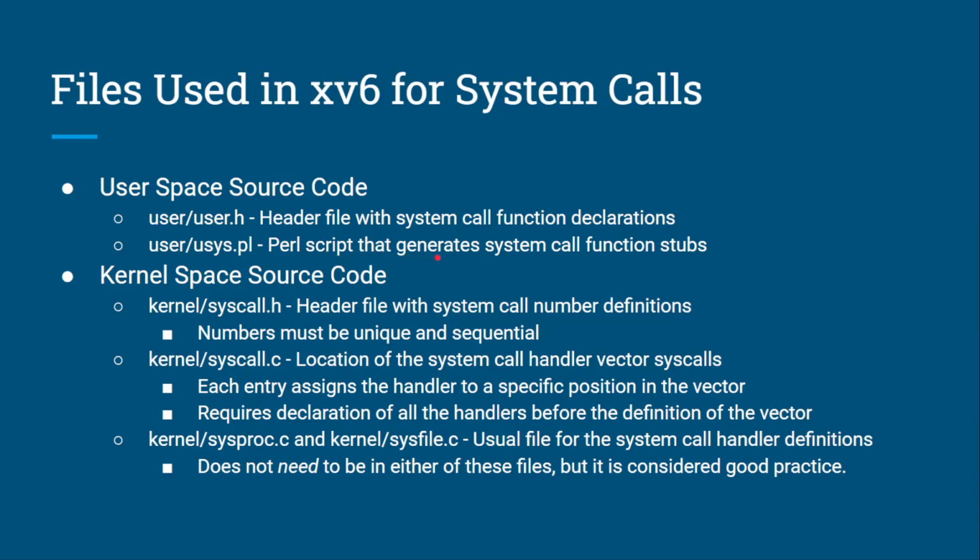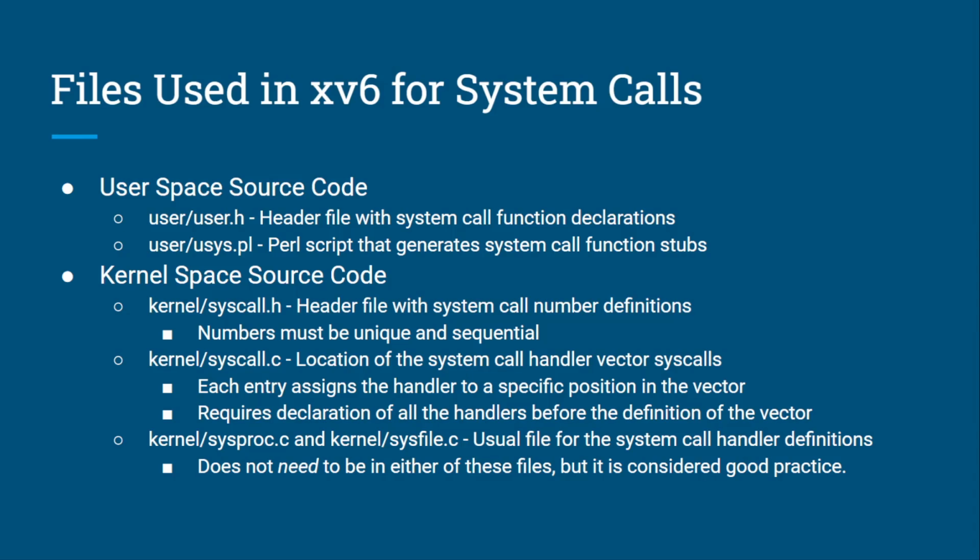What it's writing is system call function stubs. All those functions you saw earlier, there has to be a function somewhere in your user space. Well, what's happening here is these functions are being generated by usys.pl so that the linker can find them and link your user program to something that works.